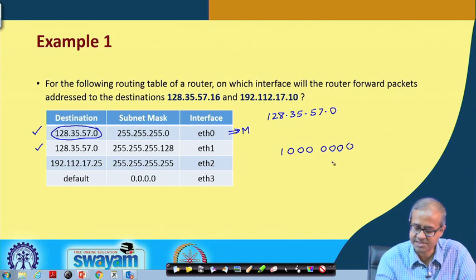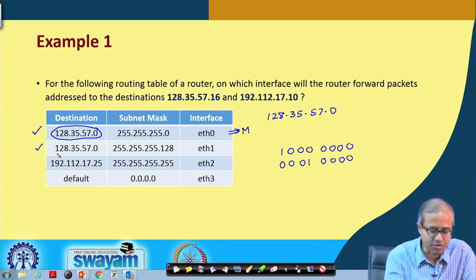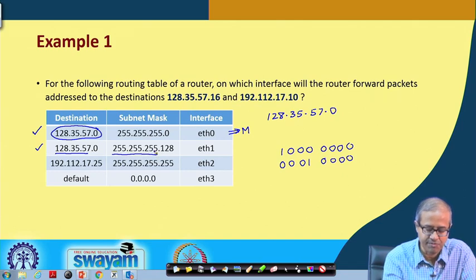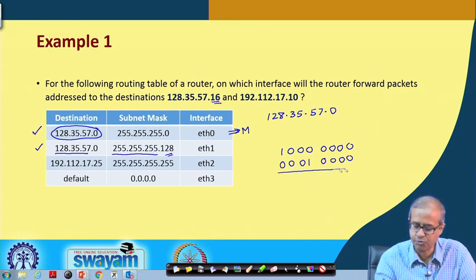Now, 16 is what? 16 is 0001 0000. So, the first 3 will be the same. If we AND it with 255, 255, 255, it will be 128, 35, 57, but the last one, the 16, will get ANDed with 128. If you do bit by bit ANDing, you see all are zeros.